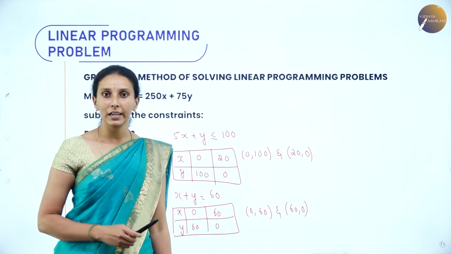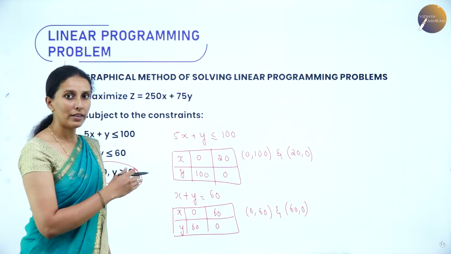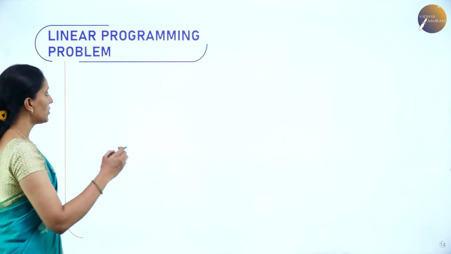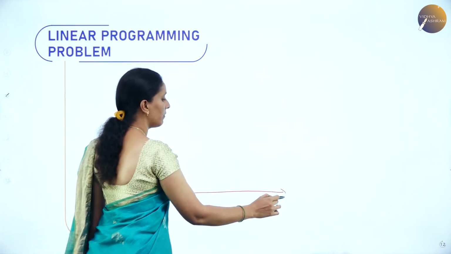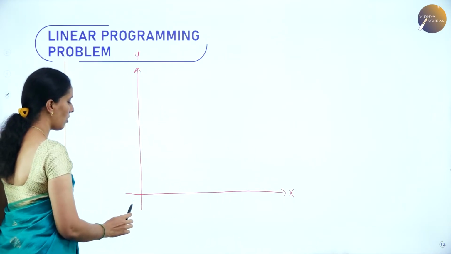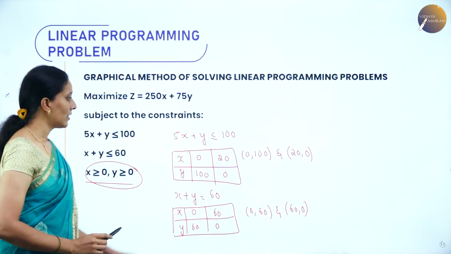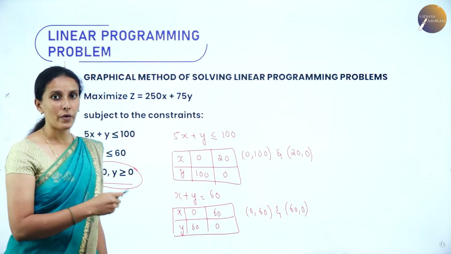So what is the next thing? To solve the linear inequalities, we will draw the lines for these linear inequalities. For that purpose, we will take the x-axis and y-axis, and consider the origin. Since the values are in tens, we can take coordinates in the form of 10, 20, 30, 40.